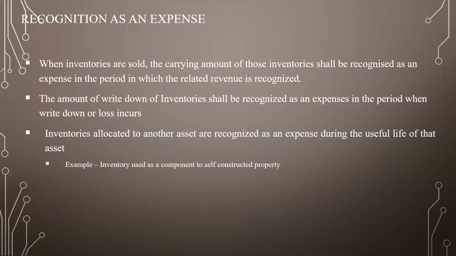It's not recognized immediately because there is no revenue. It's going from one unit to another unit. It's a sub-product which is being used in another site. So in that case, the expense of this inventory that I am using becomes part of the self-constructed property. So that has to be recognized as an expense over the useful life of the asset.